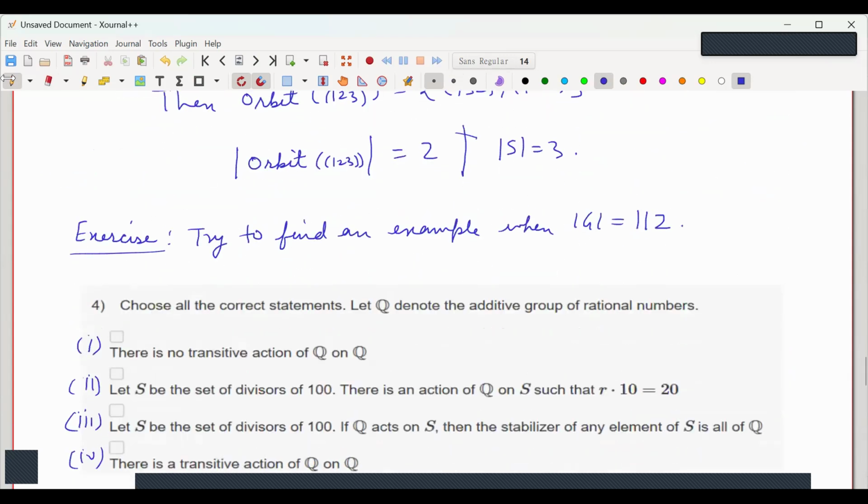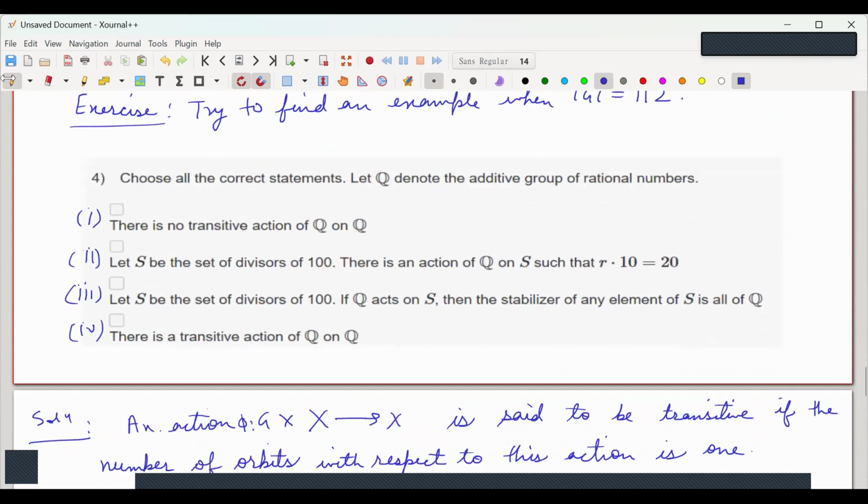Now, what we are supposed to do here, we need to see whether there is a transitive action of Q on Q or not. So now, can you tell me one transitive action?